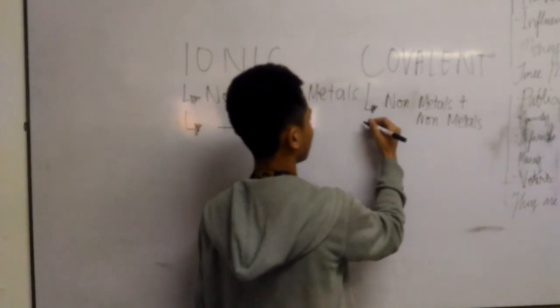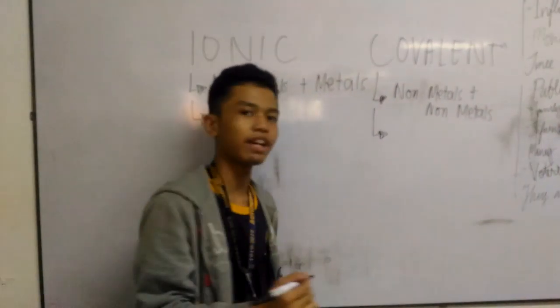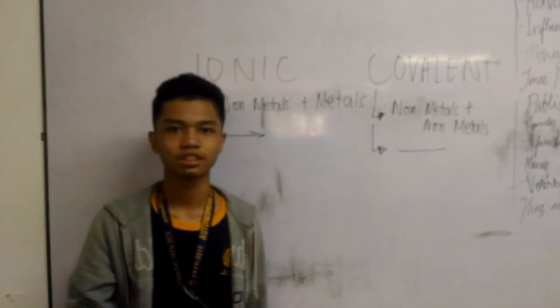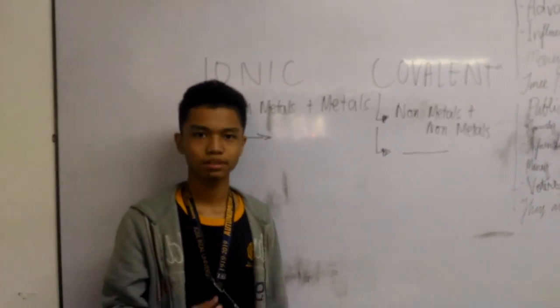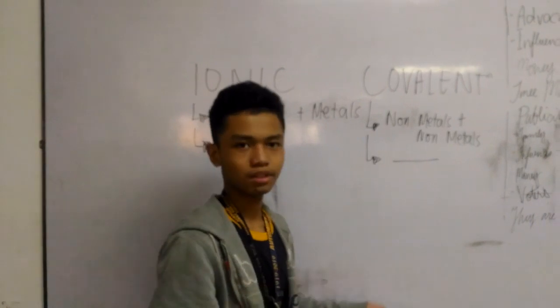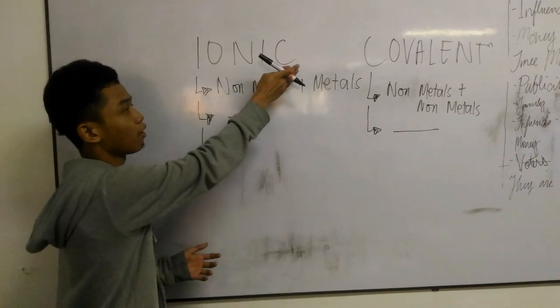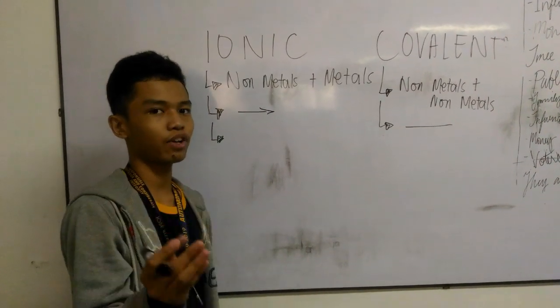And the electrons are being shared. So we're going to use the dash type of symbol. So in naming ionic compounds, there are conventions to follow.